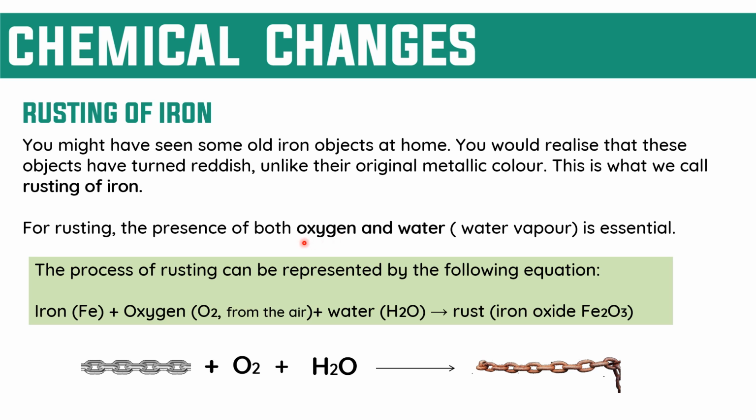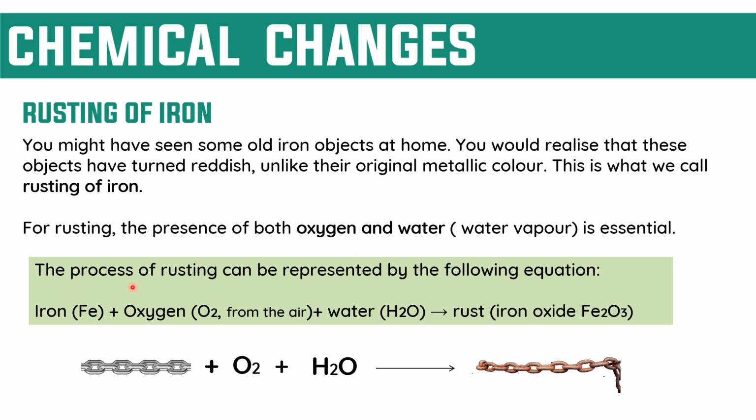When we keep an iron article outside, it contacts atmospheric oxygen. Oxygen is present in the atmosphere, and in our atmosphere, water vapor or moisture content is there, that enhances the formation of rust.